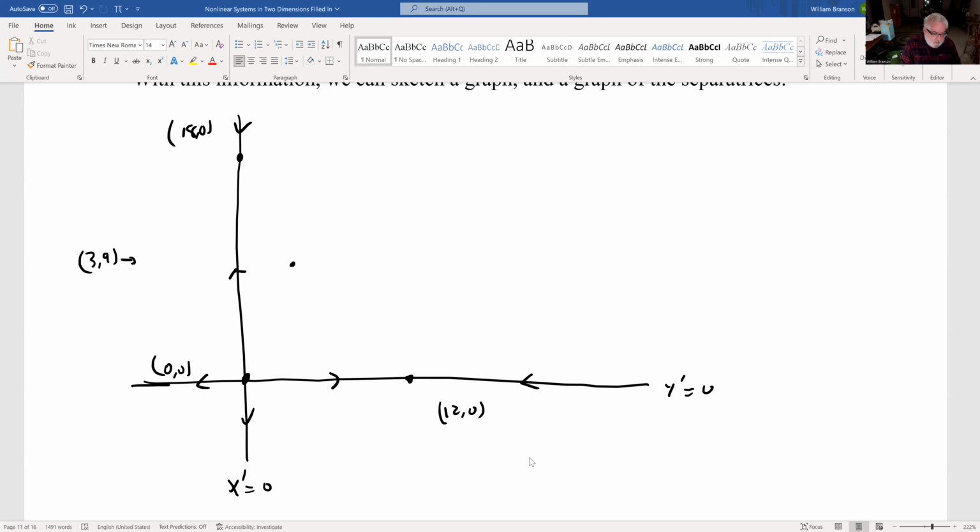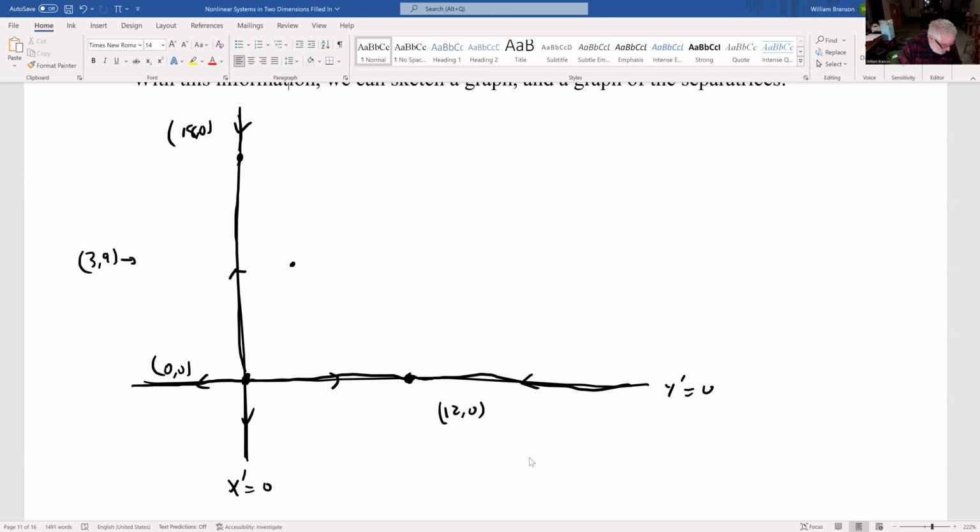Note that there are equilibria on the axes, and those are our equilibria. And note, each quadrant is sealed off from the other quadrants. If you start in one quadrant, you stay in that quadrant.